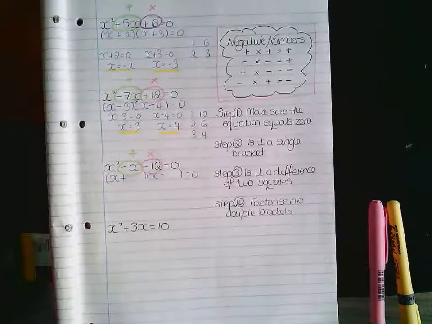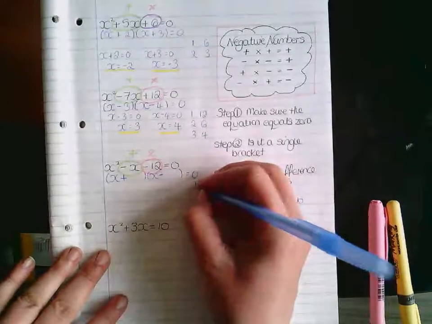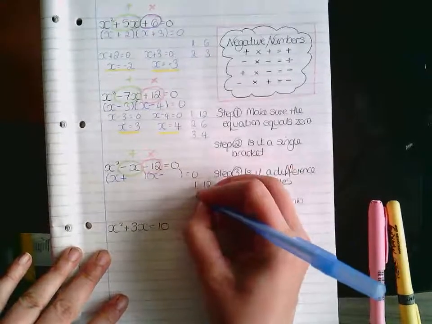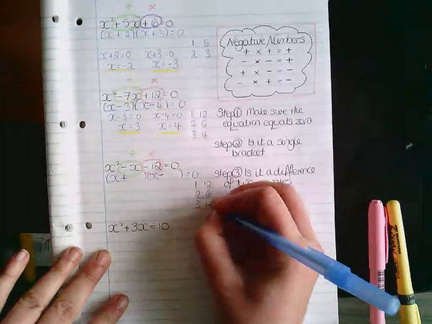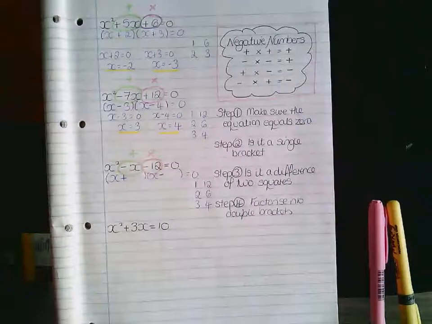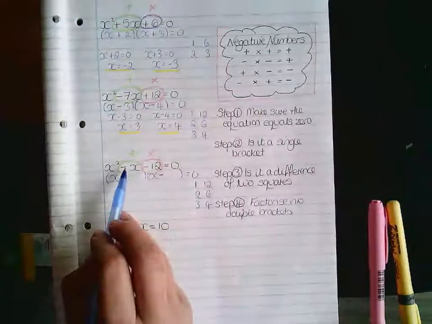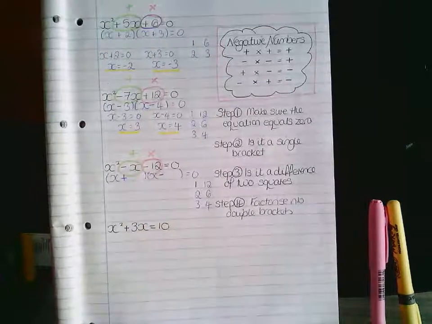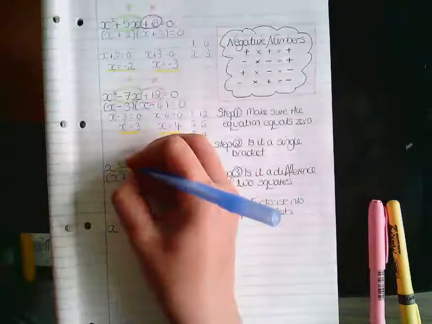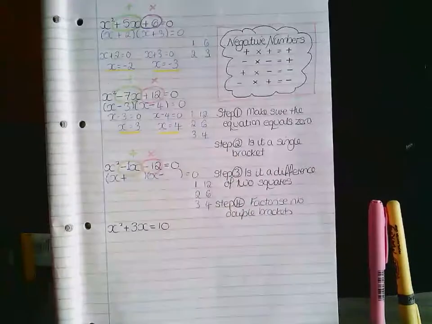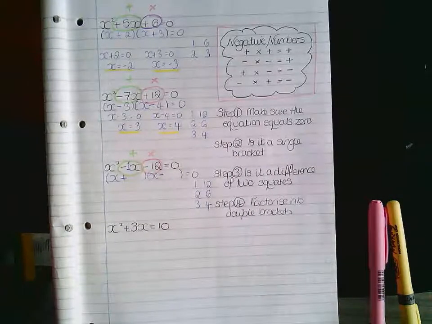Here it will. So numbers that multiply to make 12 is 1 and 12, 2 and 6, 3 and 4. Now, I am looking to make, there's no number there, which means there is a hidden number 1. Remember, there is always a hidden 1 in front of an x. So how can I make a -1 out of those numbers?